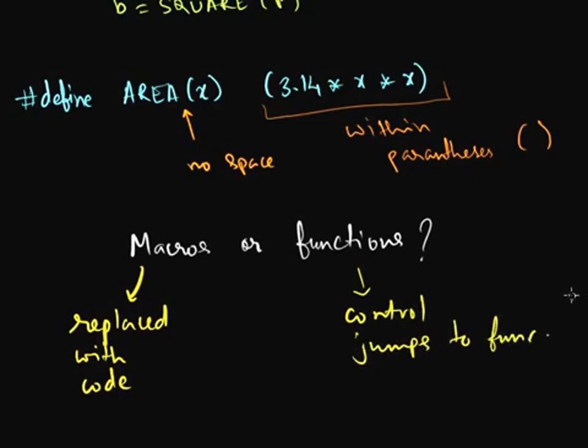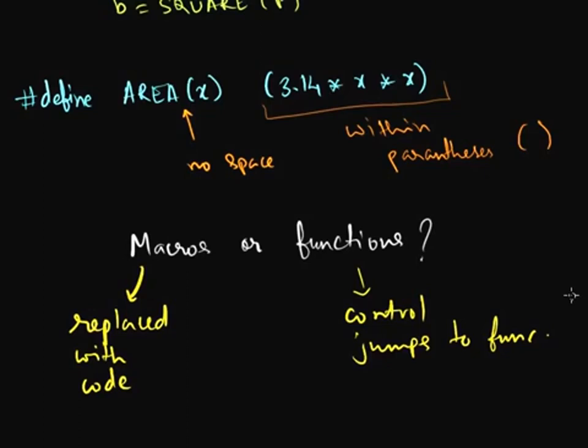Now the judgment lies with you. If you use macros, your code will be quite lengthy. The expanded source code will be very much expanded if you use macros. But if you use functions, the code is much smaller.